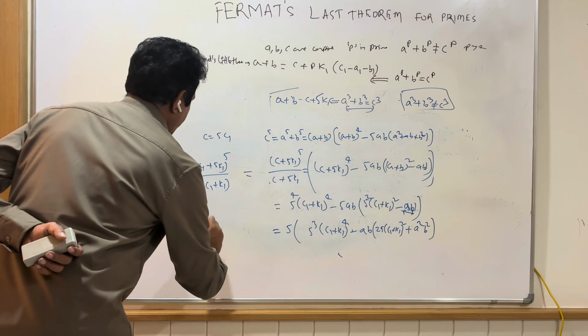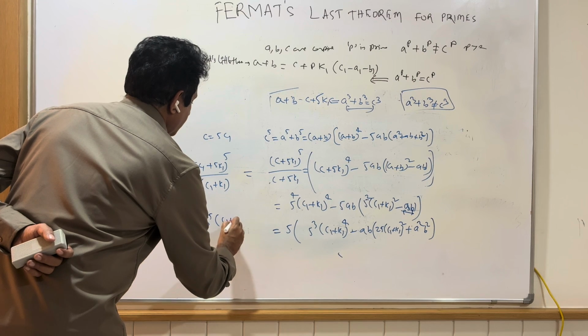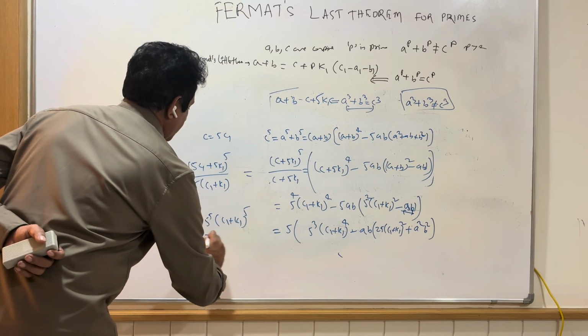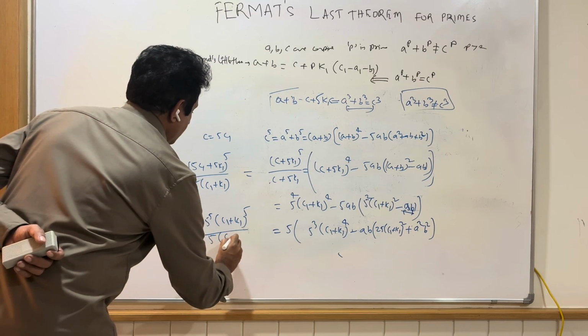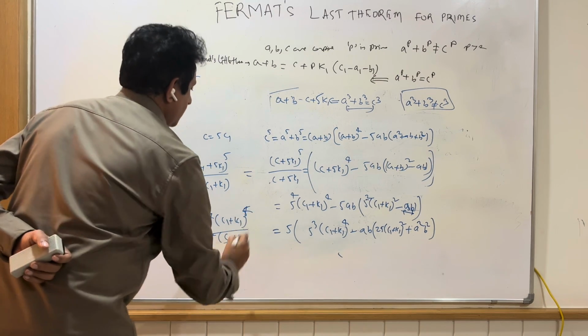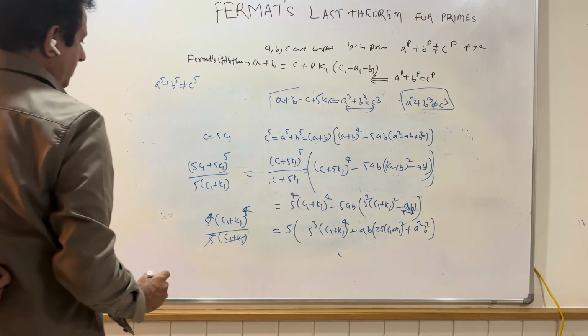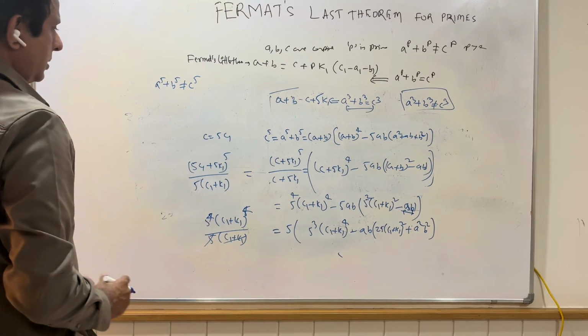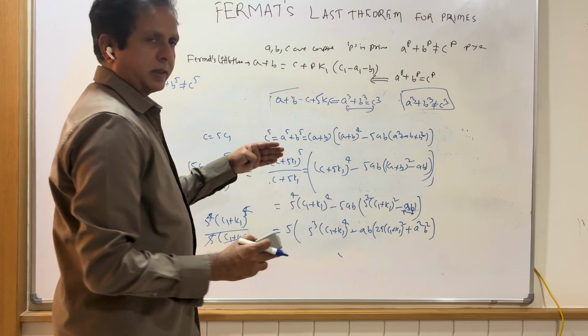So it will be 5 power 5 c1 plus k1 power 5 by 5 into c1 plus k1, 5 power 4 c1 power 4. We are going to prove it in a similar fashion.